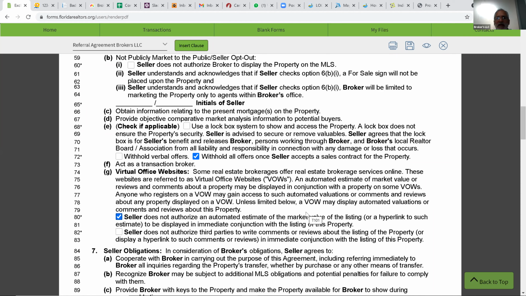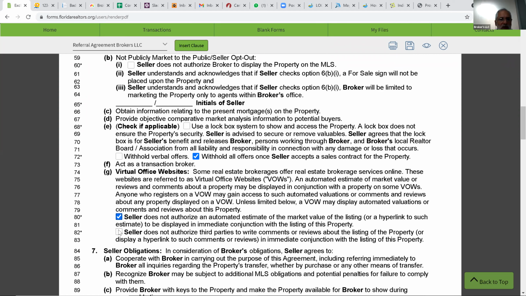It's just an automatic system that will get any property out there and will compare a condominium with a single family home. And of course, the price will be different. Line 82, the seller does not authorize third parties to write comments or reviews about the listing on the property.